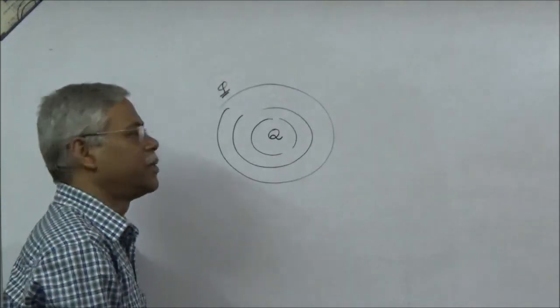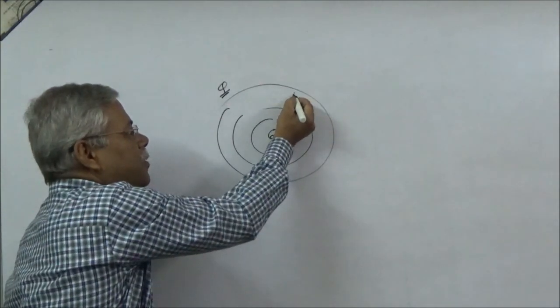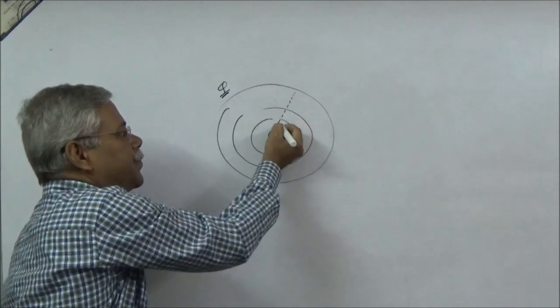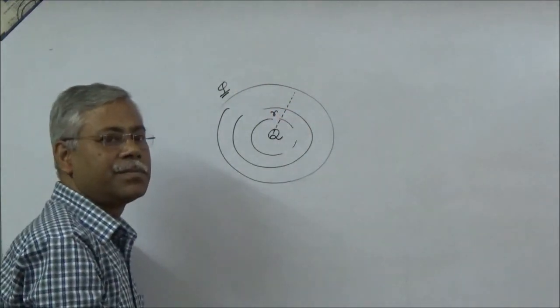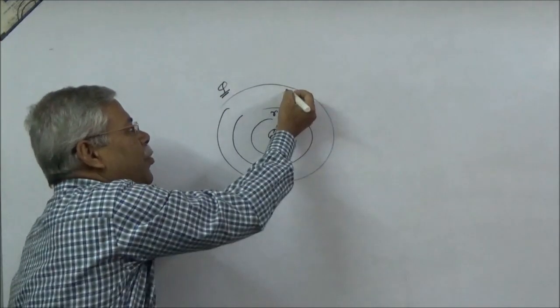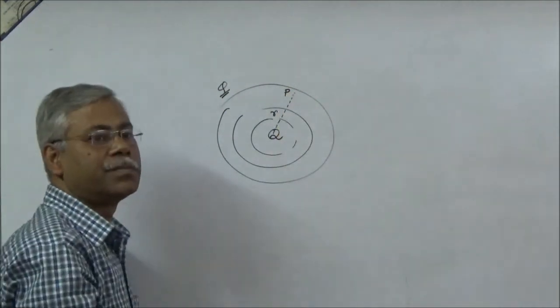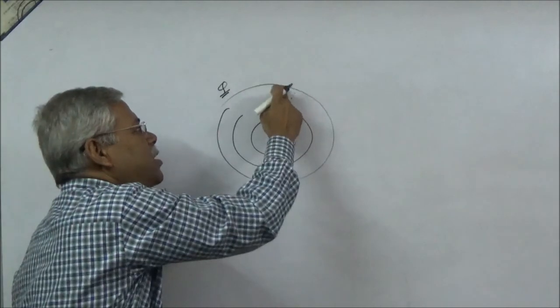Potential at a point. Consider this point. This distance is r. P is the point, or A is the point.